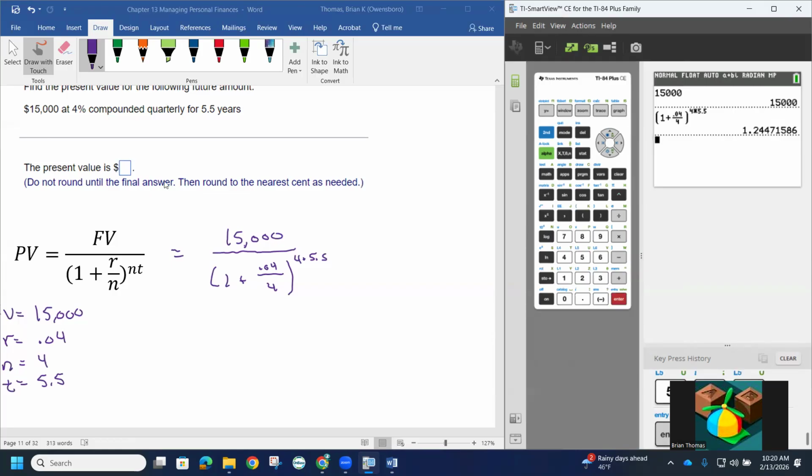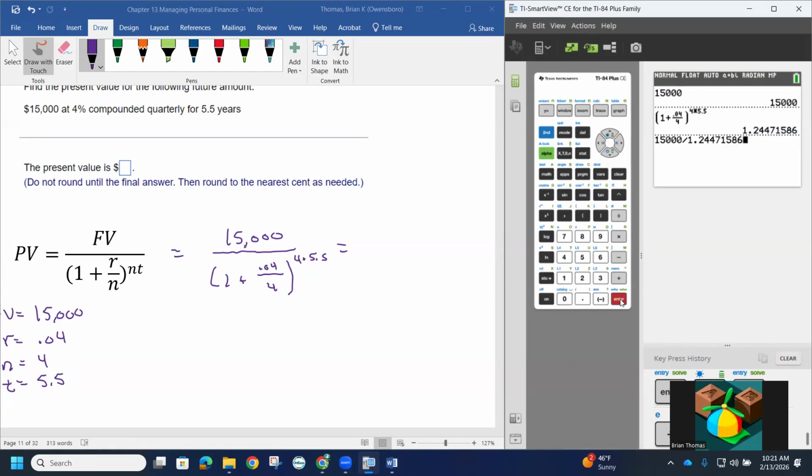Now we need to divide those two. I go up with my arrow and highlight the 15,000, press enter. It copies and pastes it. Then I divide by, go up with my up arrow and highlight the 1.244 number, hit enter.